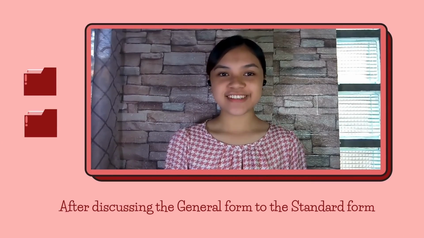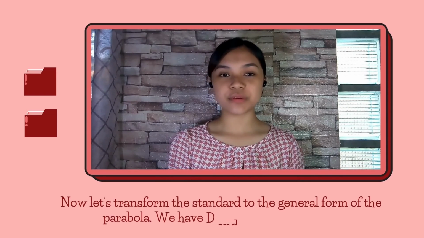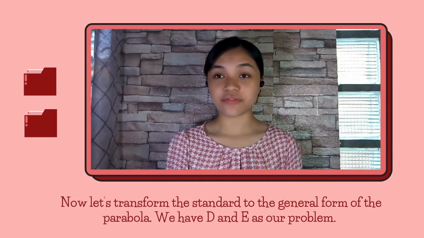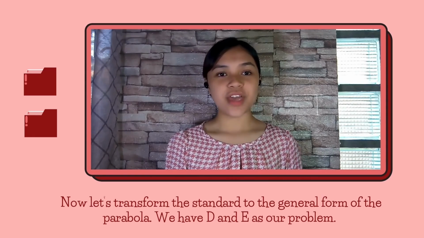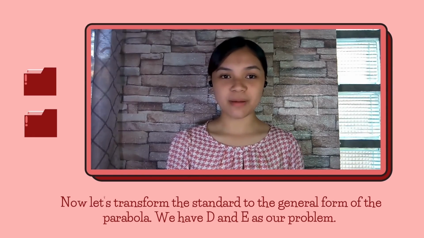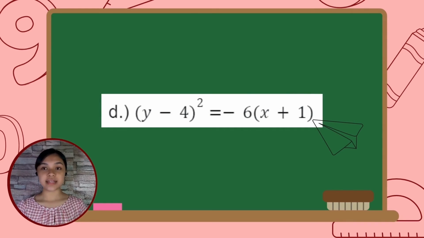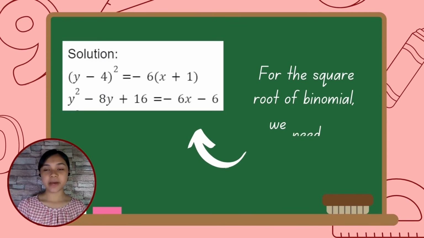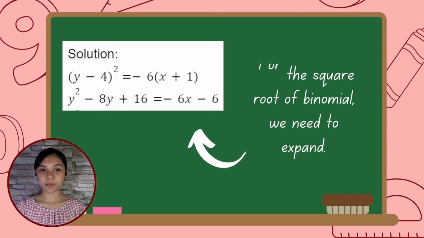So after discussing general form to standard, now let's transform standard to general form of the parabola. We have d and e as our problems. So letter d, the quantity y minus 4 raised to 2 equals negative 6 times the quantity x plus 1. For the square of binomial, we need to expand.